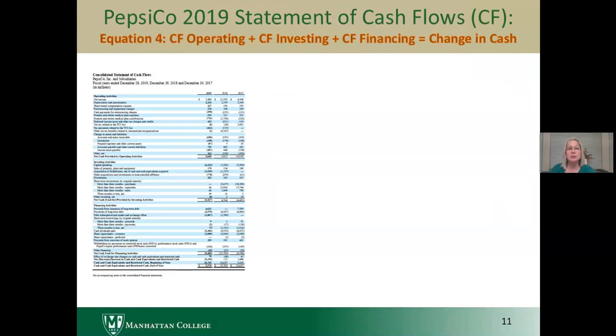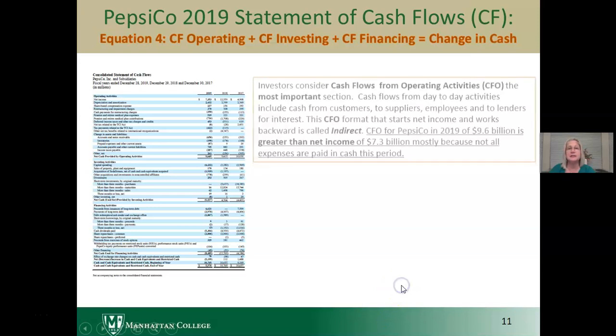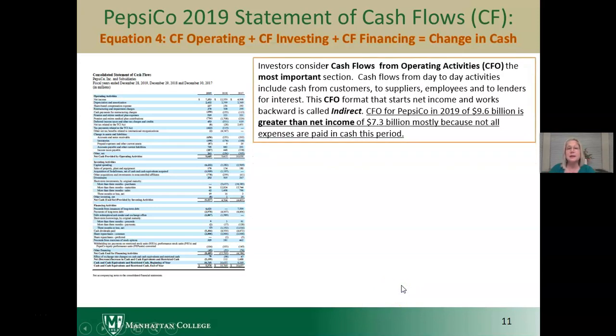Okay, the statement of cash flows. Cash changed during the year. If you looked at cash at the end of 2019 and the end of 2018, you will see that it's changed. It's gone down. It's less in 2019 than it was in 2018. Well, to explain the change in cash and restricted cash, we have this statement of cash flows.